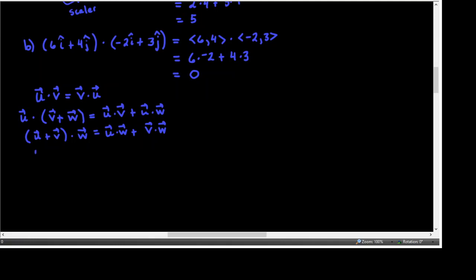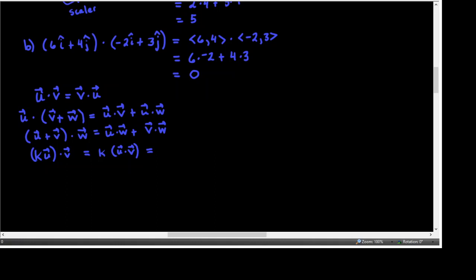If you have a scalar times a vector dot another vector, you can, if you want to, first find the dot product of u and v, and then multiply through by the scalar for that answer.